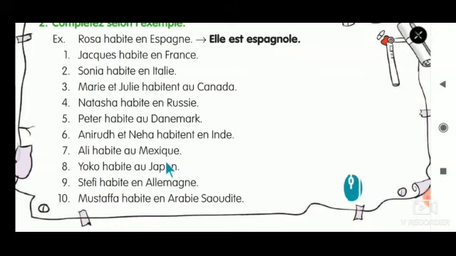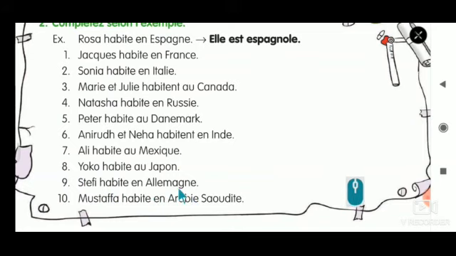Ali habite au Mexique. Ali is masculine. So il est mexicain. Yoko habite au Japon. Yoko is again a boy. So what can we say? Il est japonais. Steffi habite en Allemagne. Allemagne, the country name is Germany.